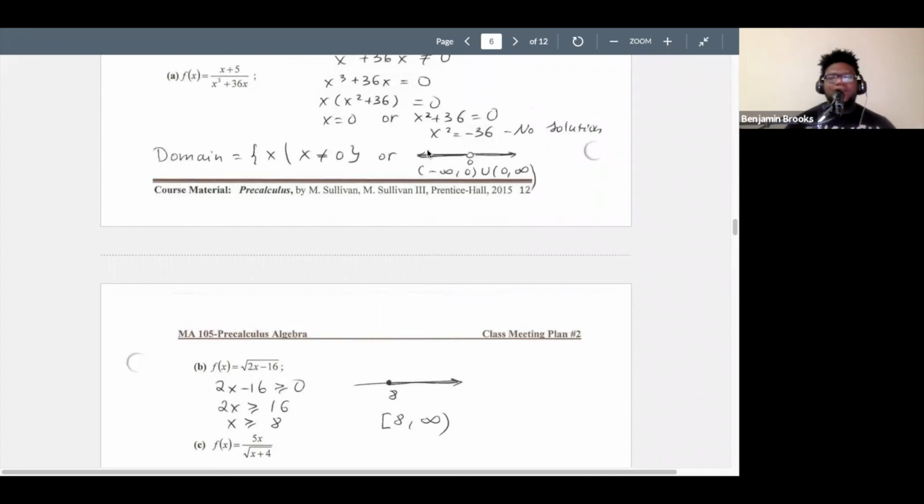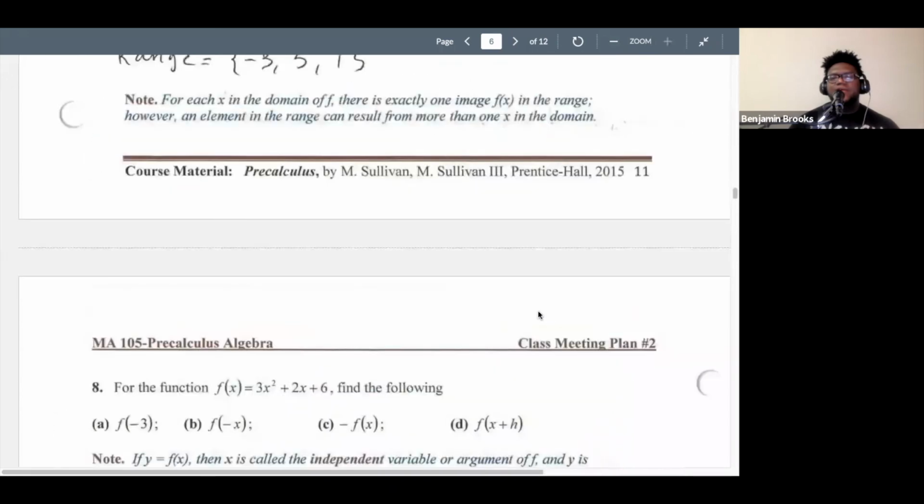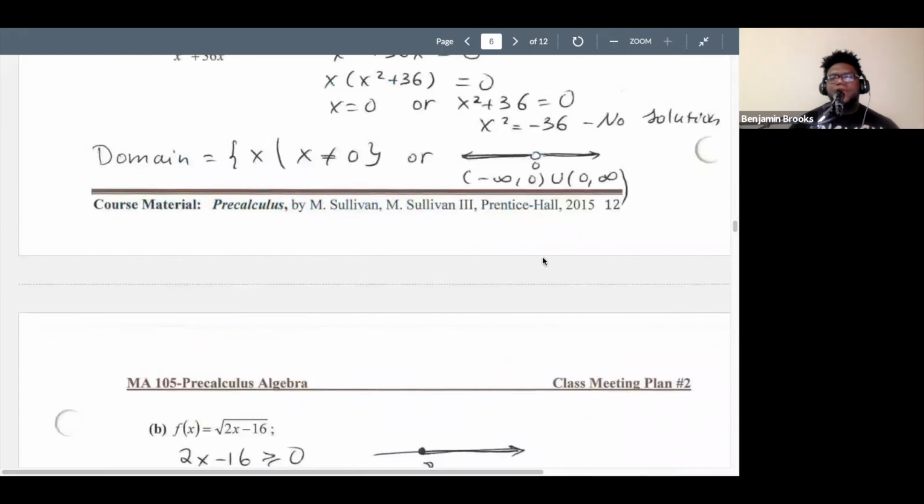Doesn't matter how negative I get, but I can't be 0 itself. We denote that by putting in a parenthesis. Whenever you want to exclude a value, because we don't want 0 itself, I can get as close to 0 as I want, but I can't get to 0 itself. When I want to exclude it, I use parentheses.